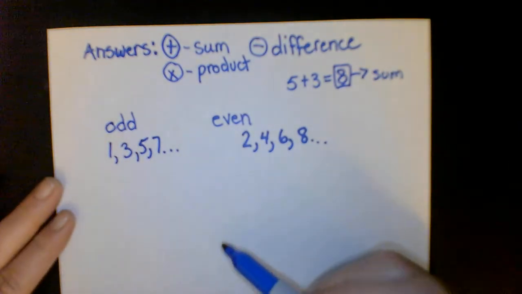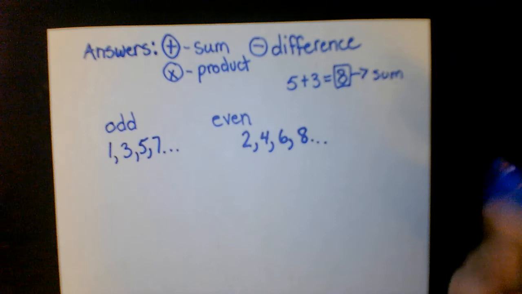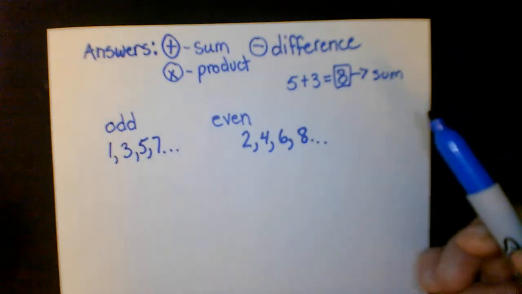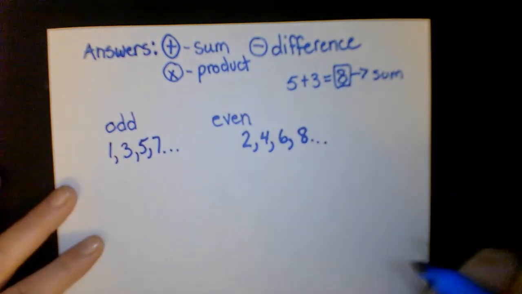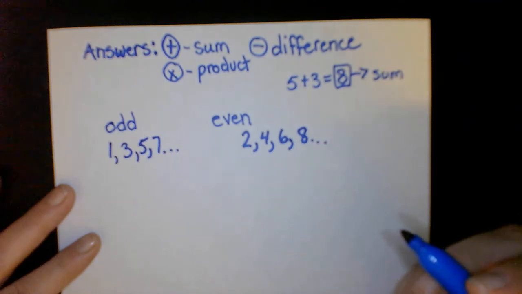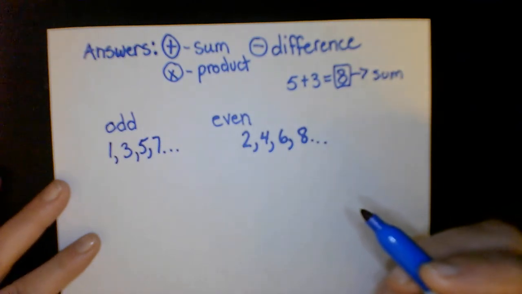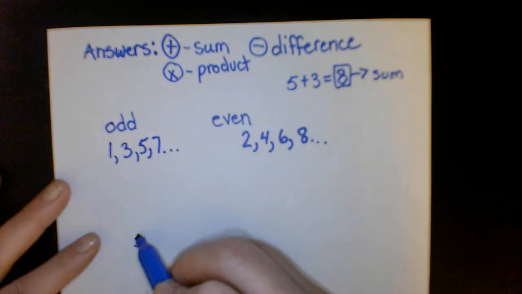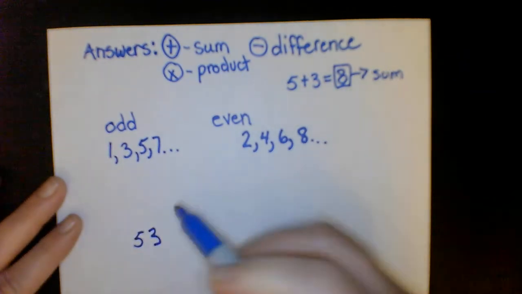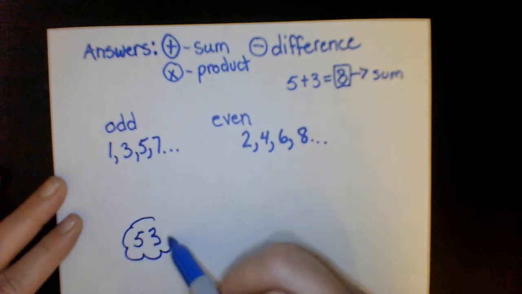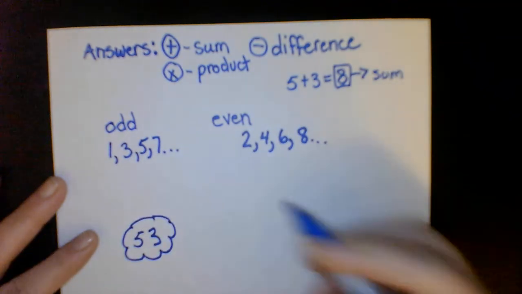All right, but in this example today, I'm just going to show you the 2-digit. So first of all, what I need to think of is a number. So I'm going to say, how about the number 53.